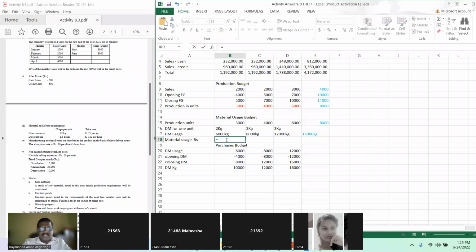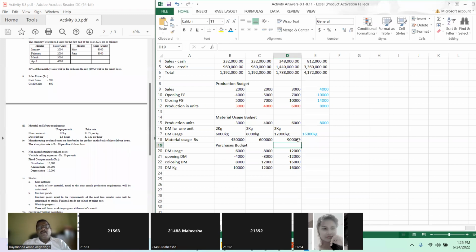So thereby here 6,000 multiplied by 75 rupees is the cost. Here also 8,000 kg multiplied by 75. Here 12,000 multiplied by 75. That is the case. So that is the material usage.